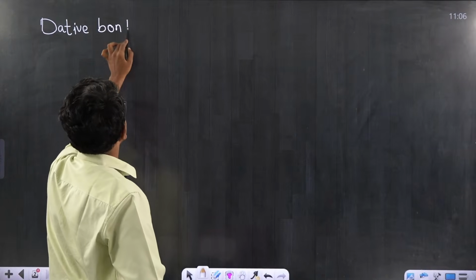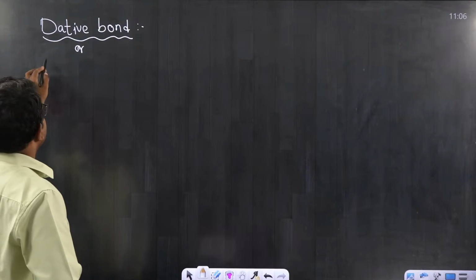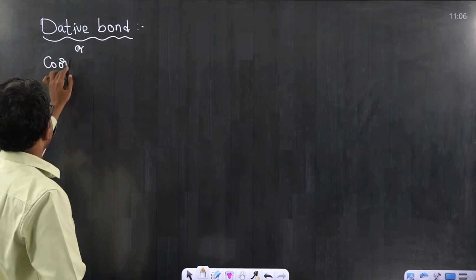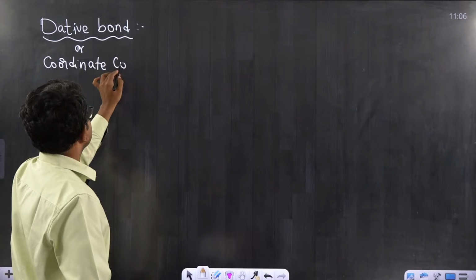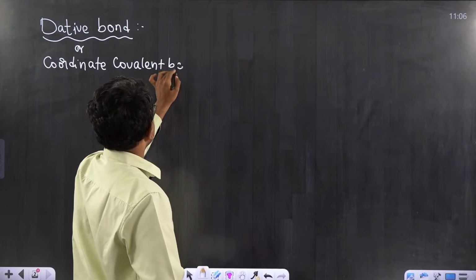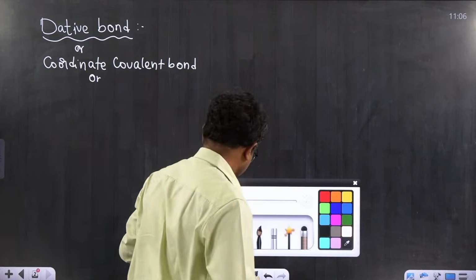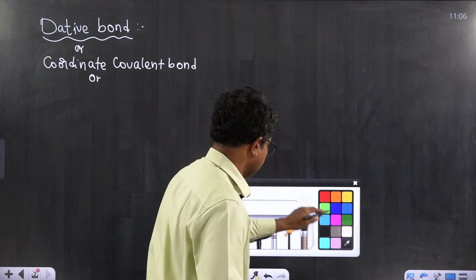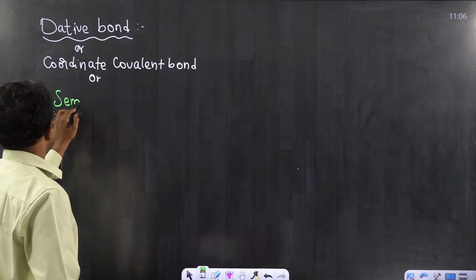Dative bond can also be called a coordinate covalent bond. It can also be called a semi-polar bond.